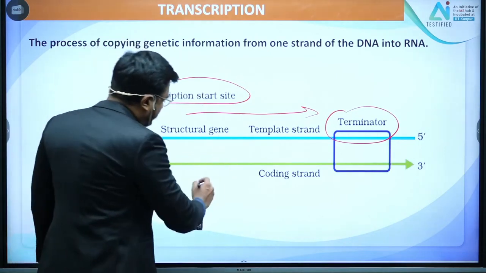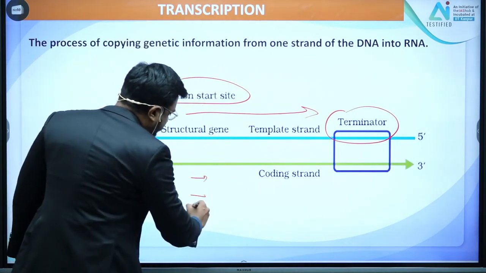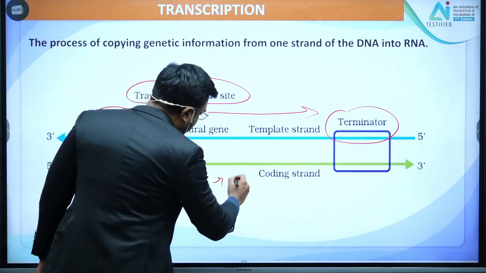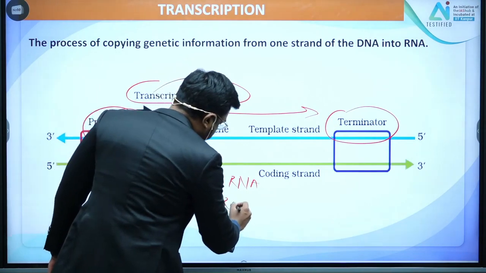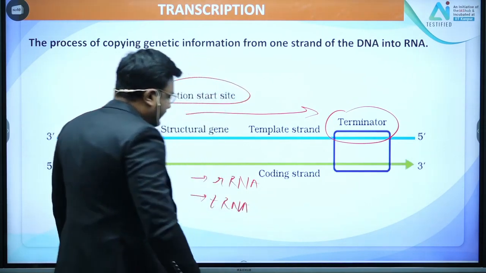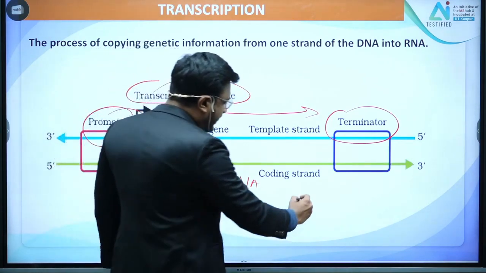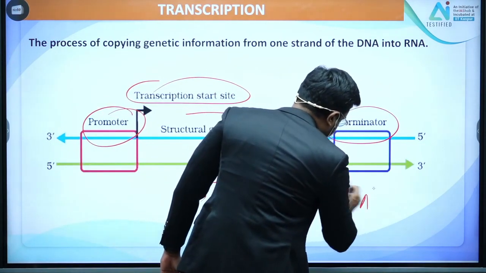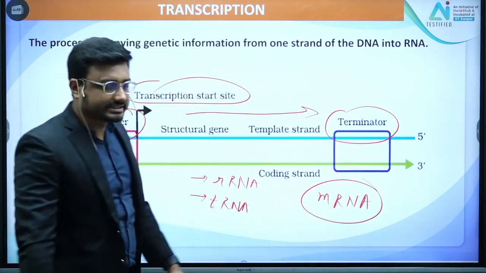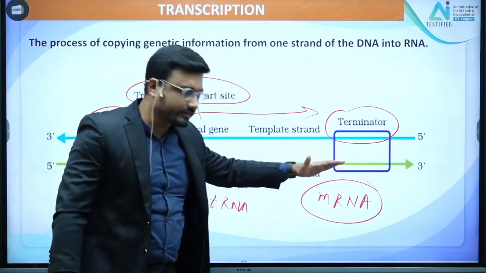This type of transcription is possible for rRNA and for tRNA, whereas in the case of mRNA there is a difference. Now let us understand the difference in the case of the mRNA.